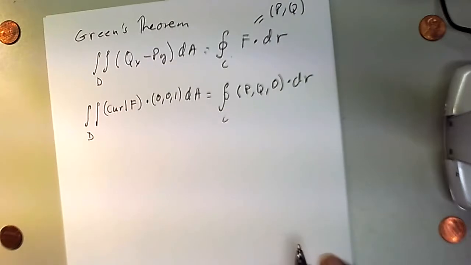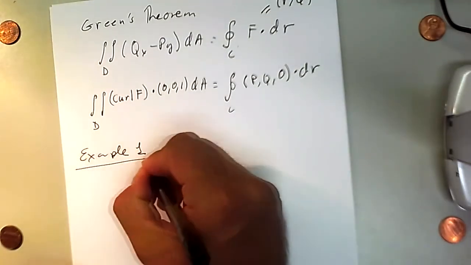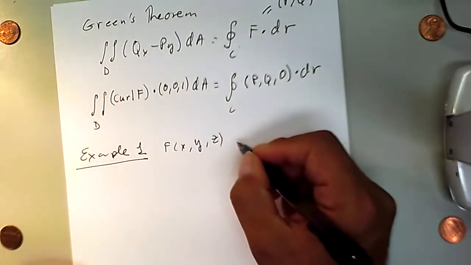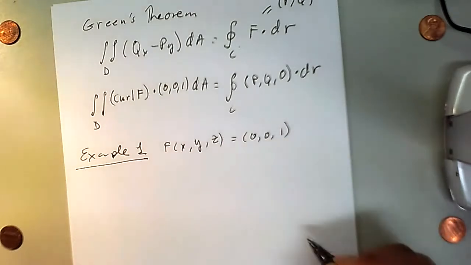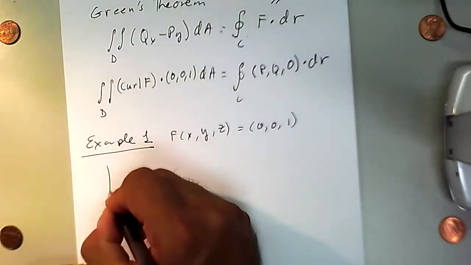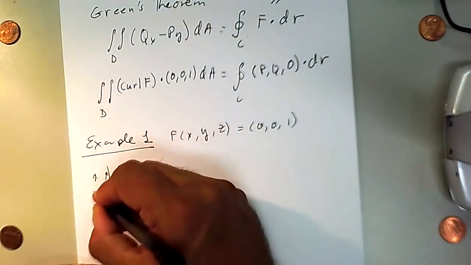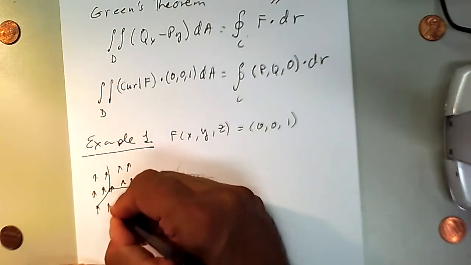Okay, let's start some examples of curl and divergence. So example 1, let's define F of x, y, z as 0, 0, 1. Okay, so we have a field with a bunch of vectors going up. So this is a flow, if you want to think that way, of air going up.